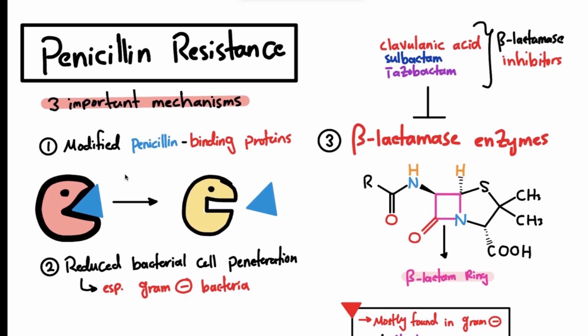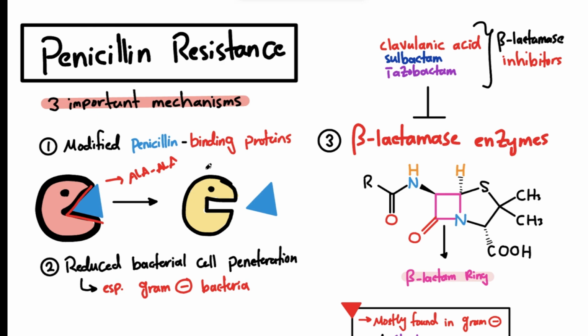Oftentimes, bacteria are really clever. With specific clever mechanisms, they overcome penicillin in what we call penicillin resistance. We have 3 important mechanisms. One is modified penicillin binding proteins. As we've seen previously, the penicillin would come and dock on the transpeptidase perfectly, blocking it from binding to the peptidoglycans' alanine residues, and therefore no cross-linking happens.